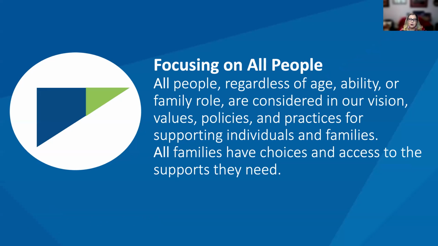So we want to focus on all people regardless of their age, their abilities, their role in their family, and we want to consider them in visioning our values, our policies, how we support people and families. And we want all families to have choices and be able to access the supports that we need. And again, we're talking about all families of all ages, all different abilities.